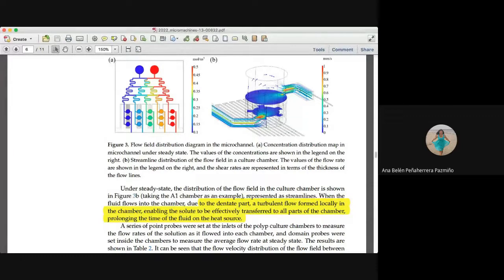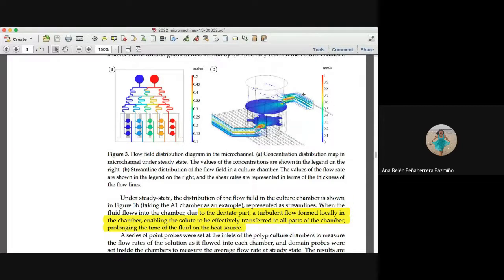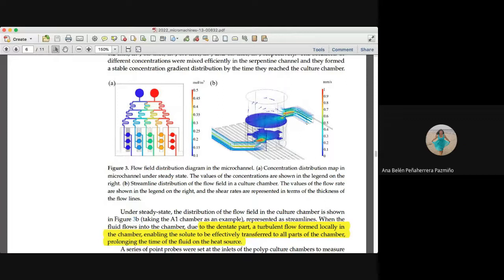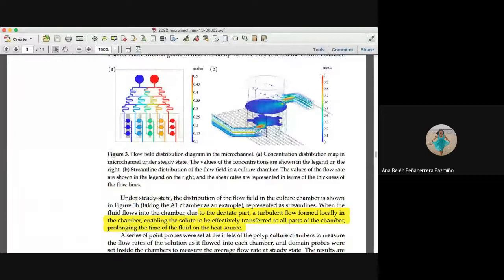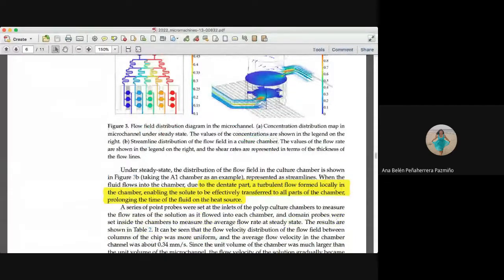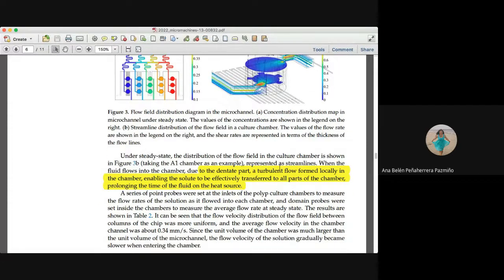They also model the flow, the velocity, and you can see here how the flow enters this chamber. So here you see the distribution of the velocity. Okay, and also the dentate part contributes to form a turbulent flow just here locally in the chamber, so that the solute is transferred to all parts of the chamber.